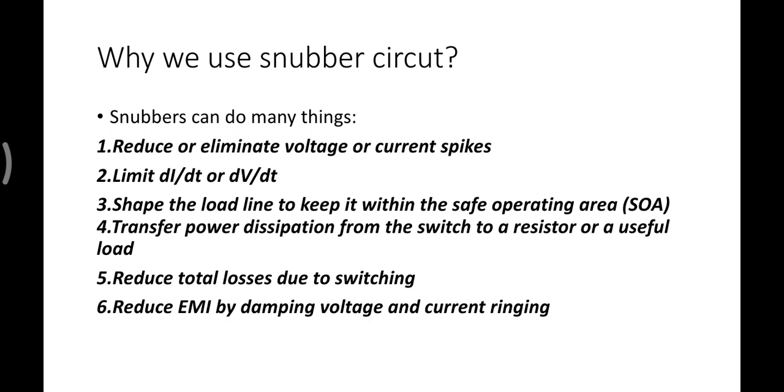Another advantage is that it reduces the total losses due to switches. Another advantage is that it reduces EMI by damping the voltage and current ringing. For these advantages, we are going to use this snubber circuit.